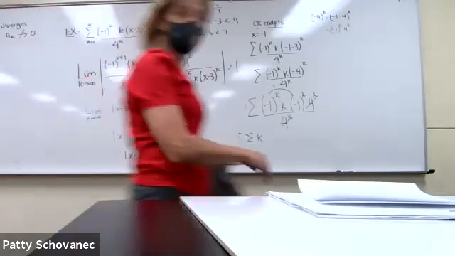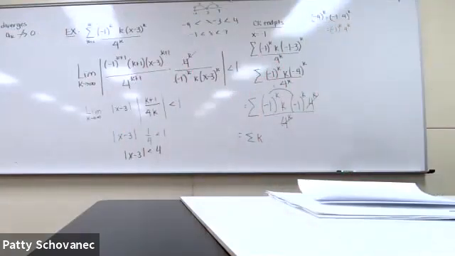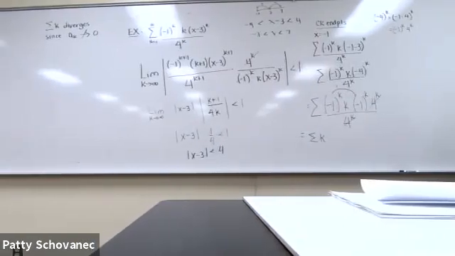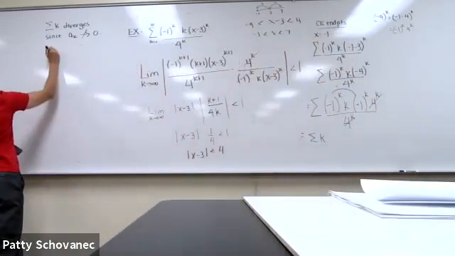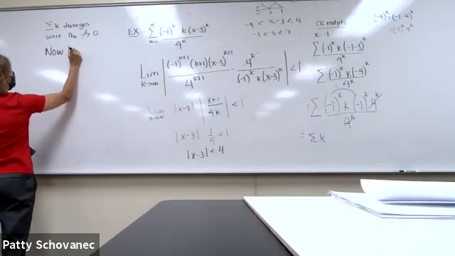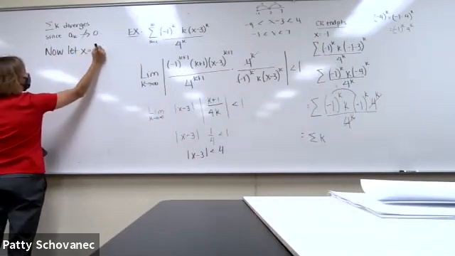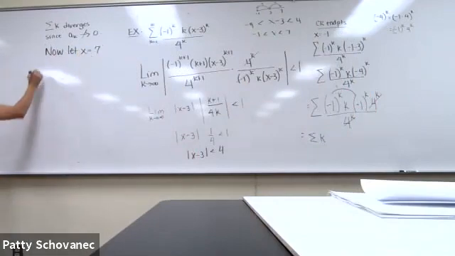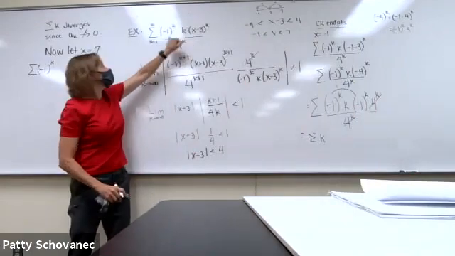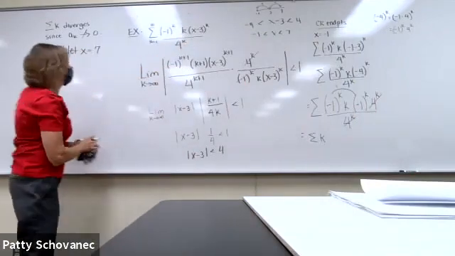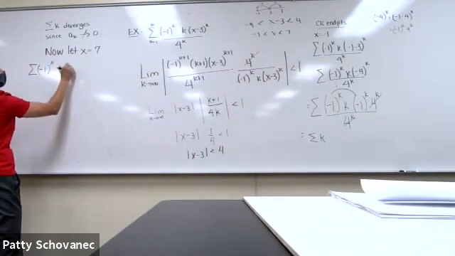Now let's see what happens when x is equal to the other endpoint, when x is equal to 7. So I'm going back up here, and I'm replacing x with 7. So I have -1 to the k, 7 minus 3 to the k over 4 to the k.